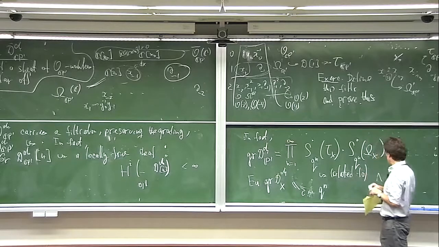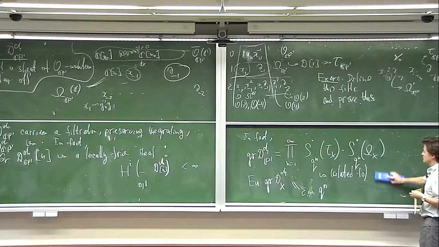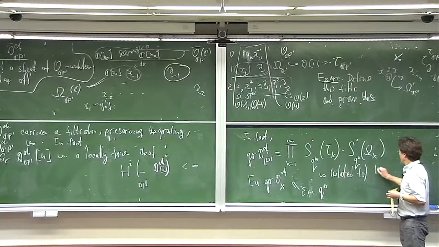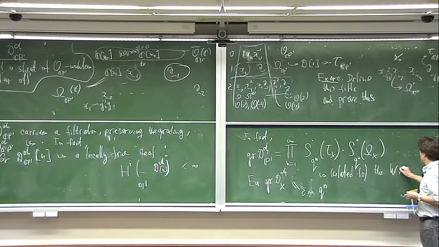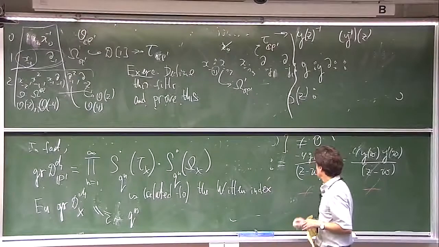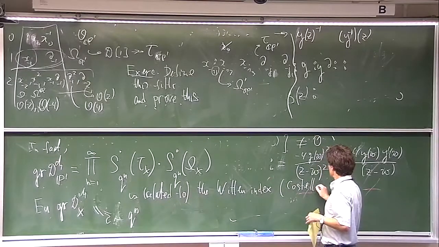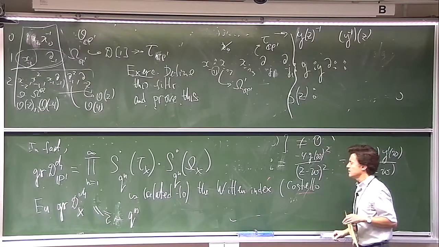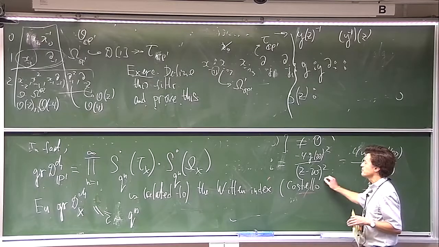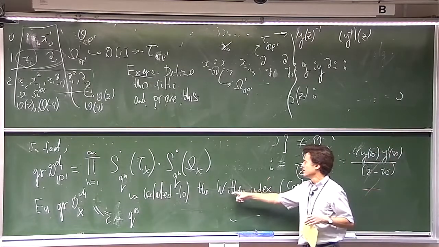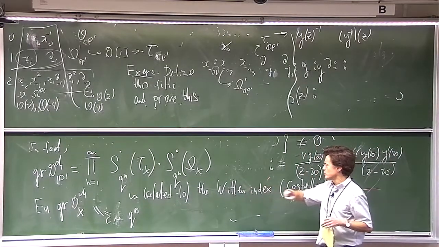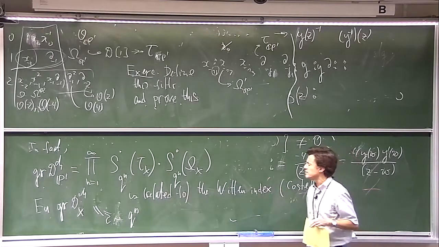So it either is on the nose or closely related to the Witten elliptic Witten index. There is a paper by Castella that discusses such things in great detail. Maybe not exactly the Witten index, but perhaps it equals the Witten index modulo a factor that's independent of the manifold or something like this.